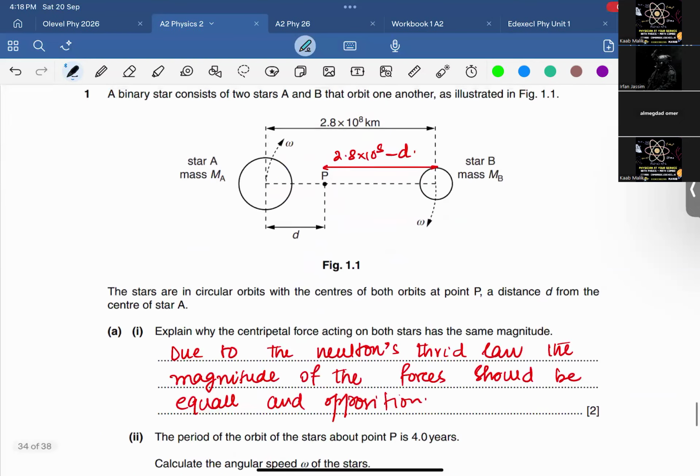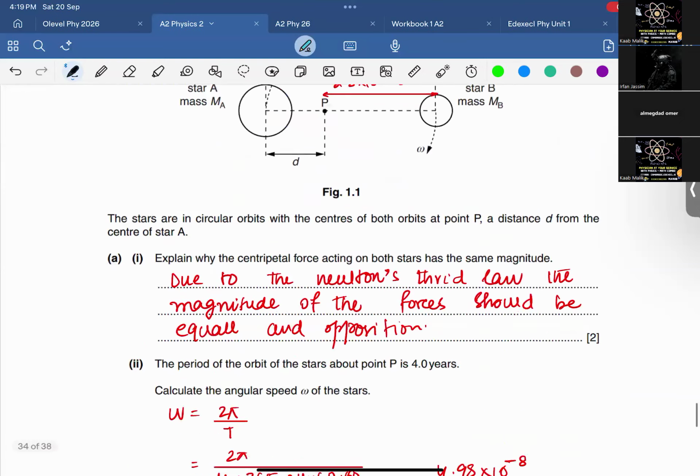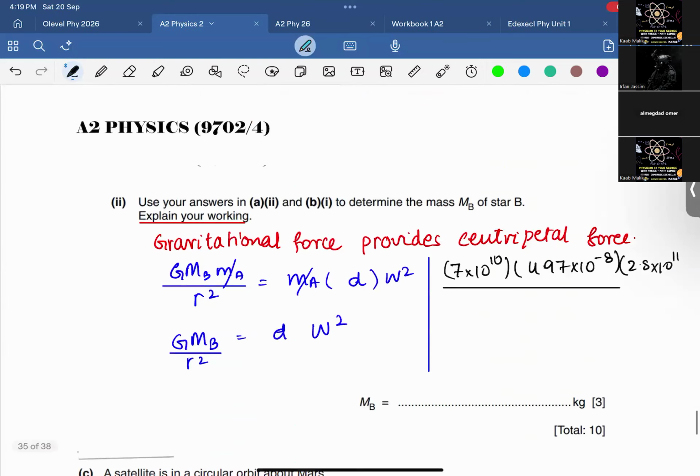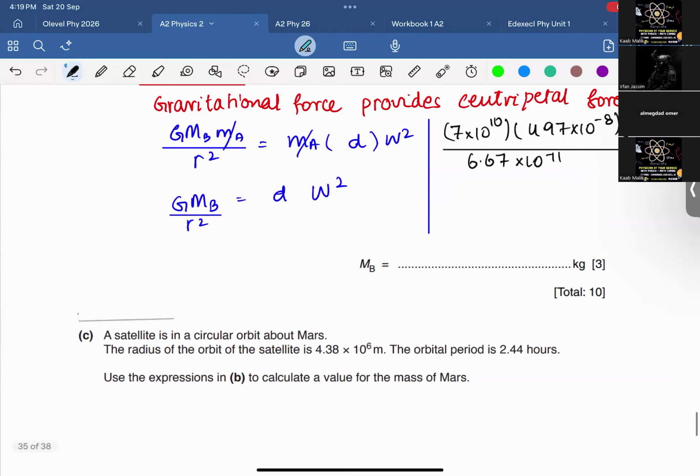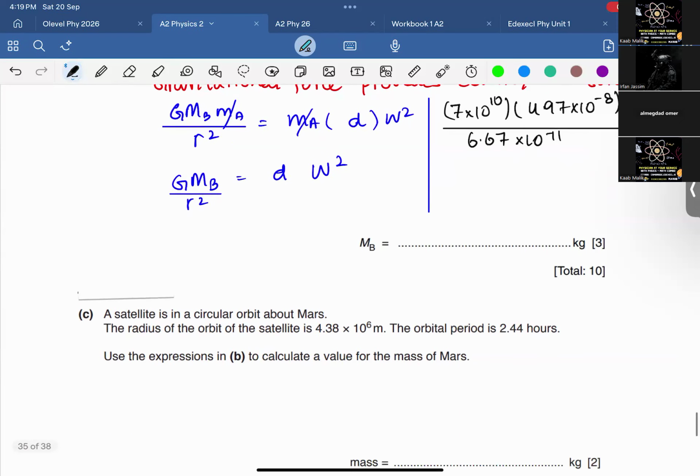Because the whole distance is in kilometers, so you have to convert it and then divide it by G, which is 6.67 exponent negative 11. I'm getting 2.72 into 10 to the power 29. Okay, 2.7 exponent 30. So fine.